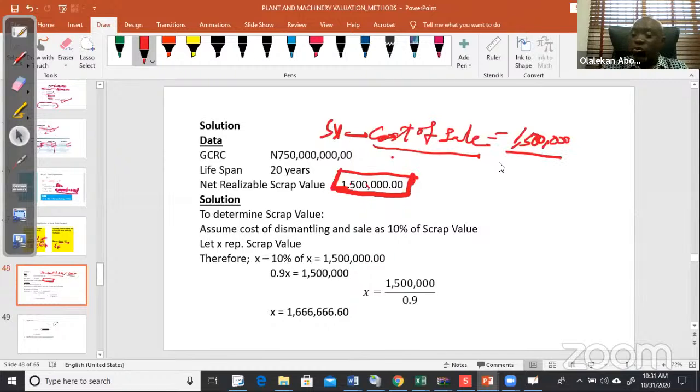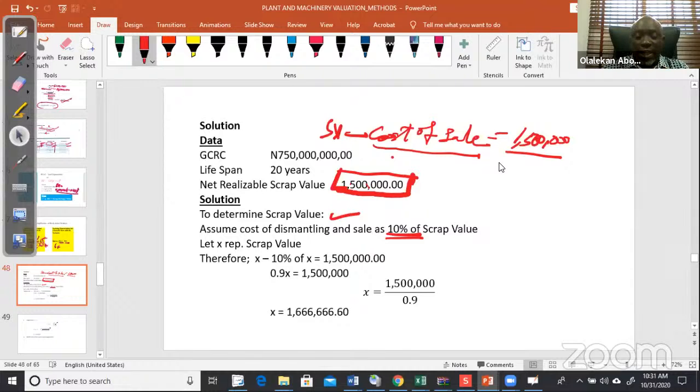So the first thing you have to do is to determine the scrap value. Assume cost of dismantling and sales to be 10%. It's not compulsory you use 10%, you can use 15 or 25. I just choose to use a percentage because it works easier for you.